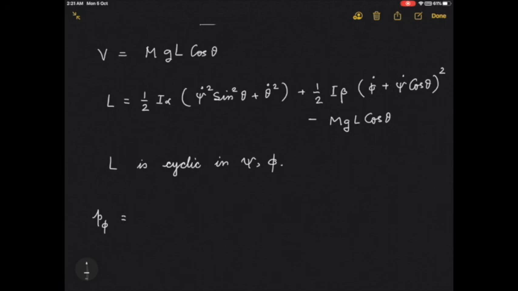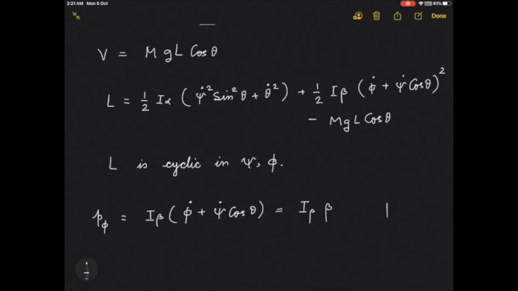And what is P phi? P phi is I beta times omega z, which I write as I beta times omega z.